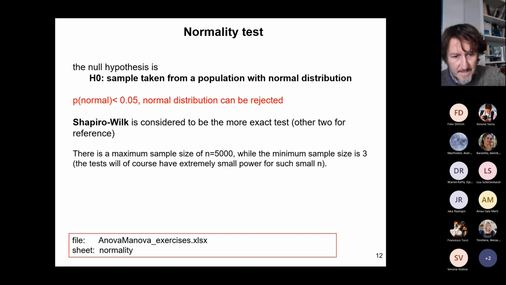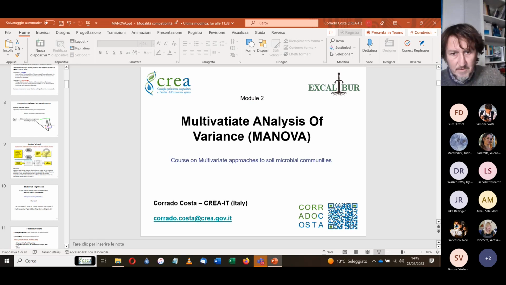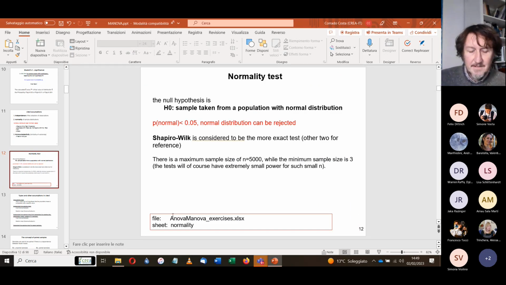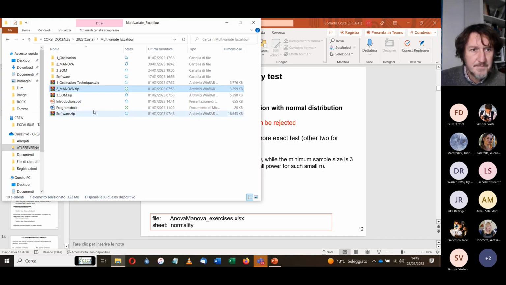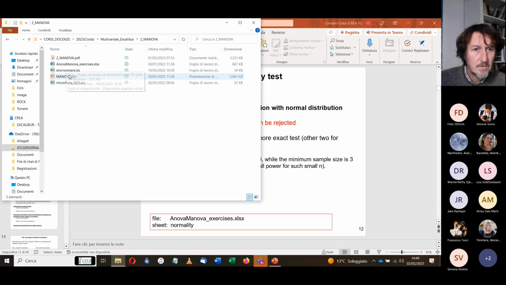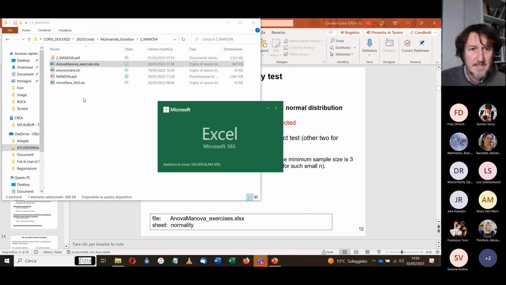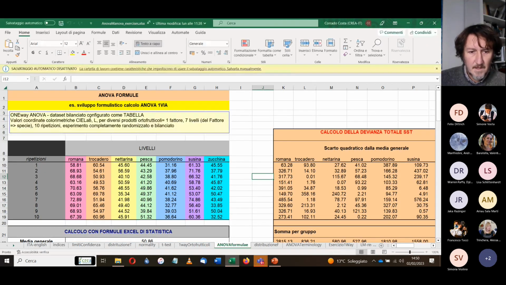So within this WeTransfer, you can find the file ANOVA MANOVA exercises and the sheet. We go to the sheet normality. So ANOVA MANOVA exercises. Okay. This sheet normality here.